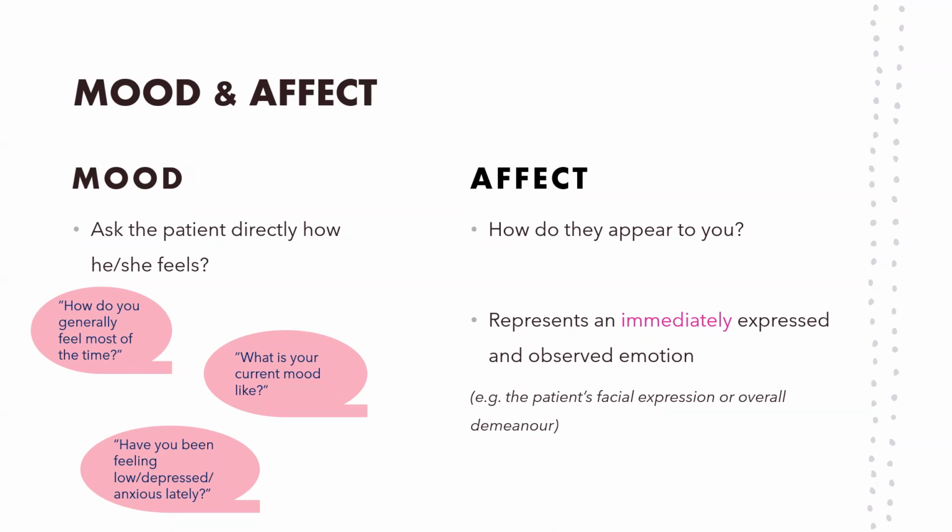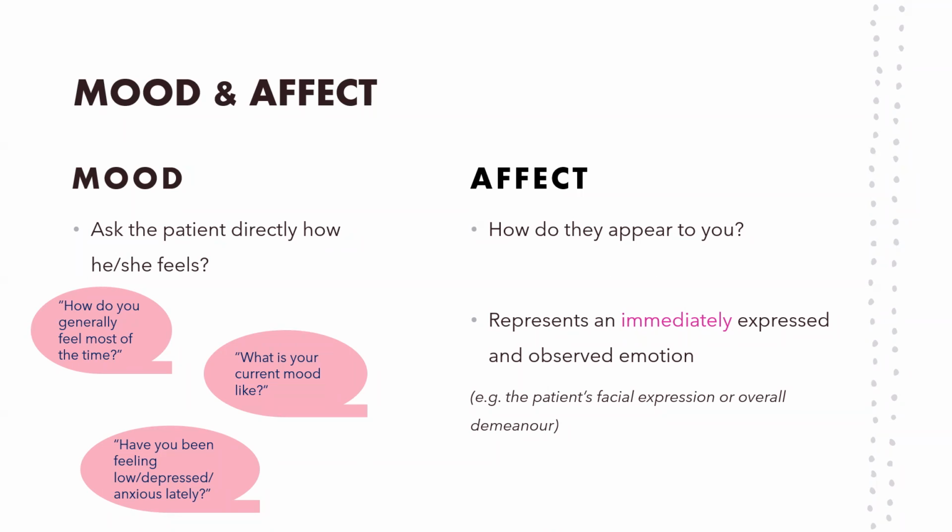Or what is your current mood like? Or have you been feeling anxious lately? Or have you been feeling low lately? And the words that you later on use to describe the patient's mood are happy, anxious, apathetic, irritable, or relaxed. So these are just some suggestions.